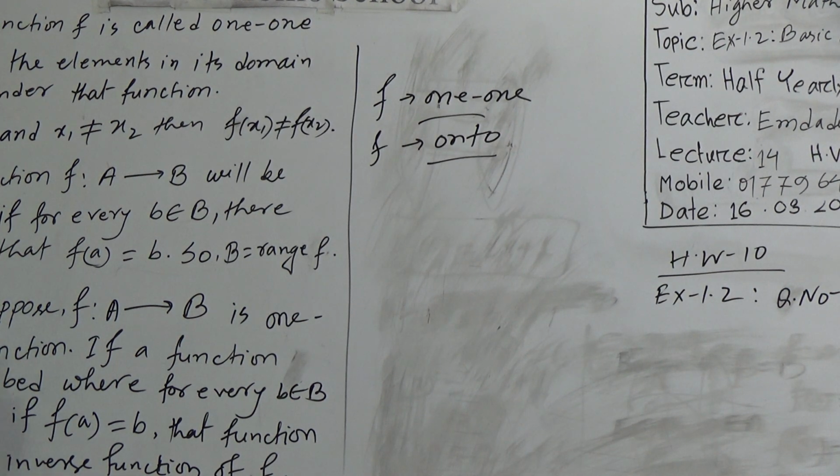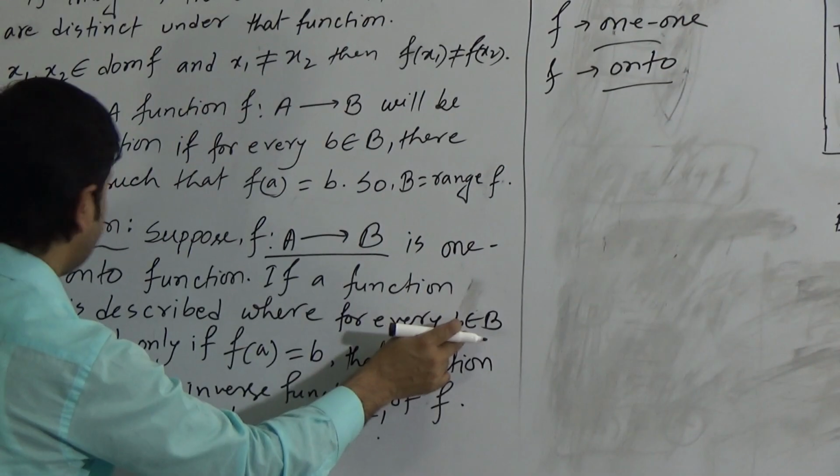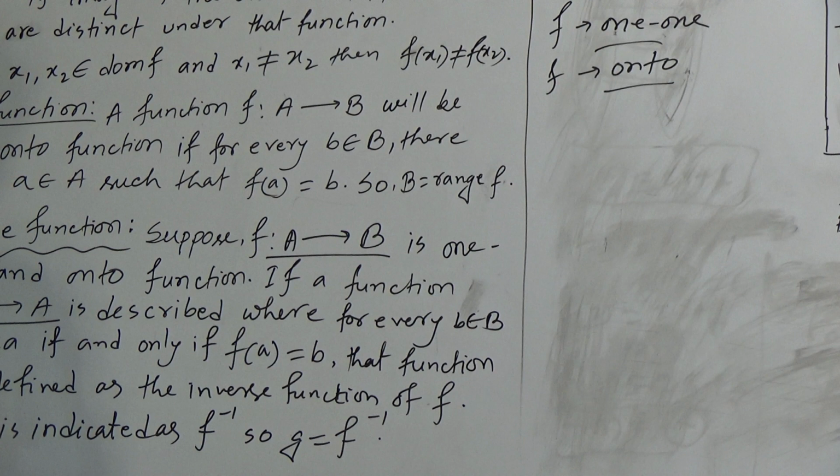Now if we define a function g from b to a, we have defined the function f from a to b and another function g from b to a, where for every b belongs to b, g of b equal to a.